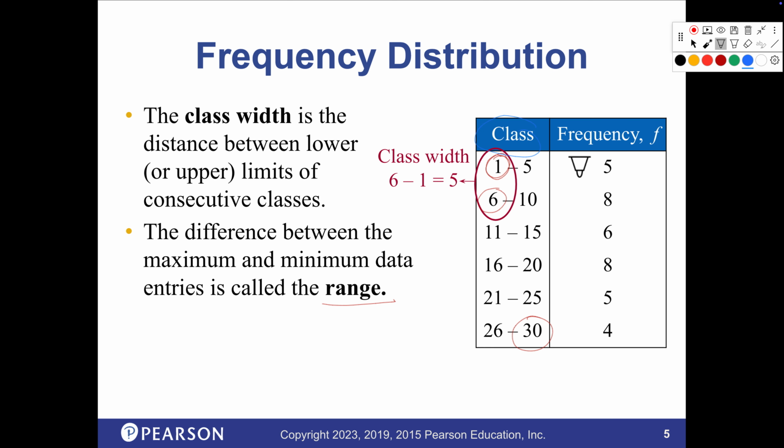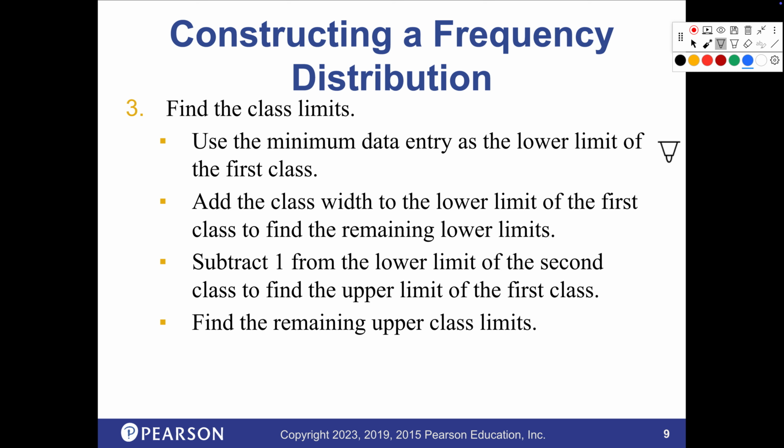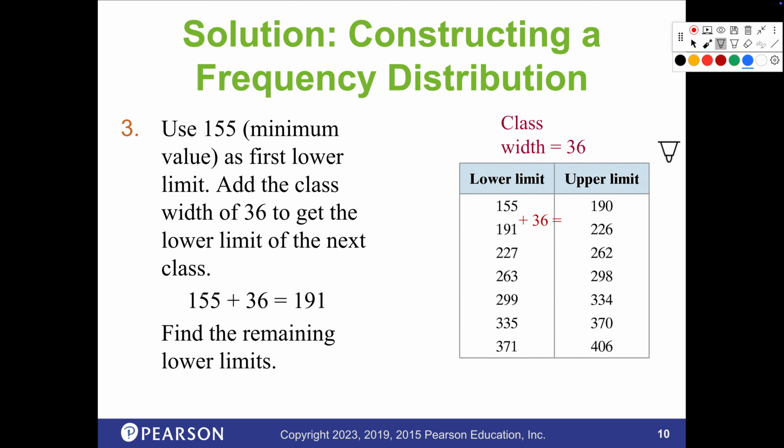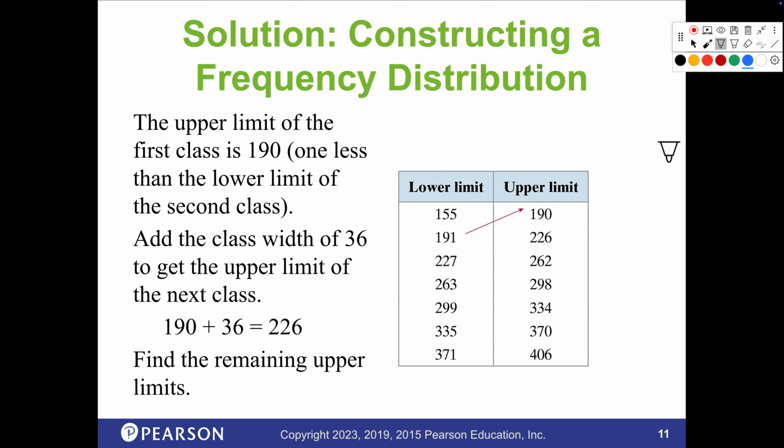Classes is one part, and what's the other part? Frequency. Now this is the tedious part. How do we get the frequencies? Okay, so we've got the classes, and you can see subtract 1 to get to that one, and then you just put them all together.